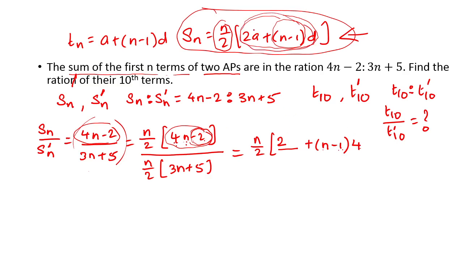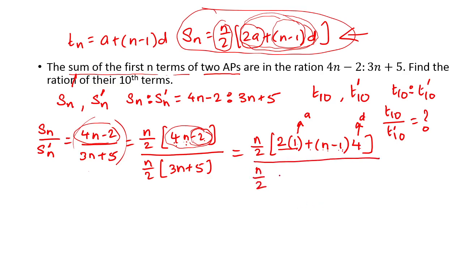Now this term has to be in the form of 2 into a, so I want to express this 2 as 2 into some number, which I can do by writing 2 as 2 into 1. So now it is in the form of 2 into a plus n minus 1 into d. So we can say that this is the arithmetic progression whose a is equal to 1 and whose d is equal to 4.